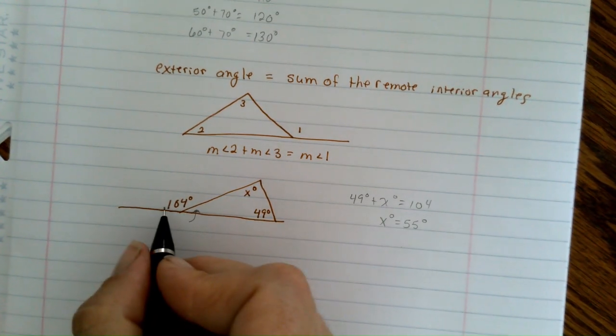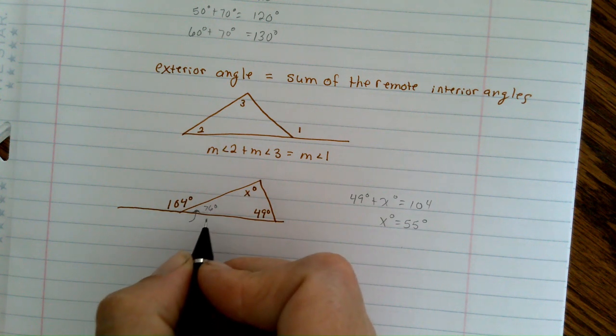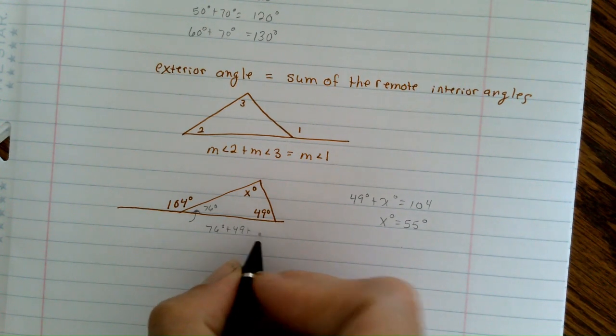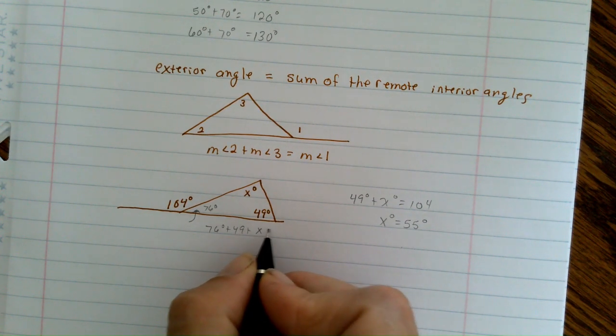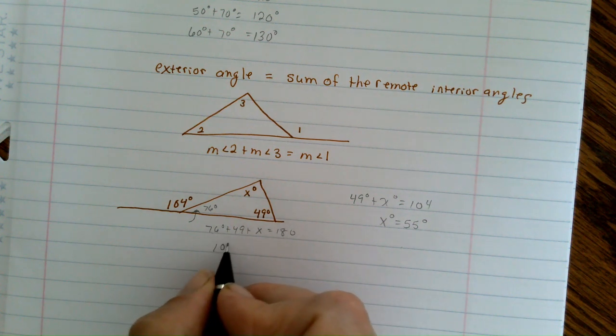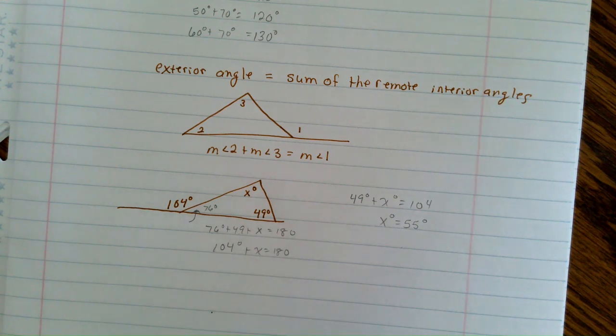Otherwise, I'm coming over here going, well, that's 104, so this is 76, right? So then I'd have to do 76 plus 49 plus x equals 180, which means, what do these add to? Oh yeah, they add to 104. So there's several ways that we can do that, but it is kind of a neat little thing.